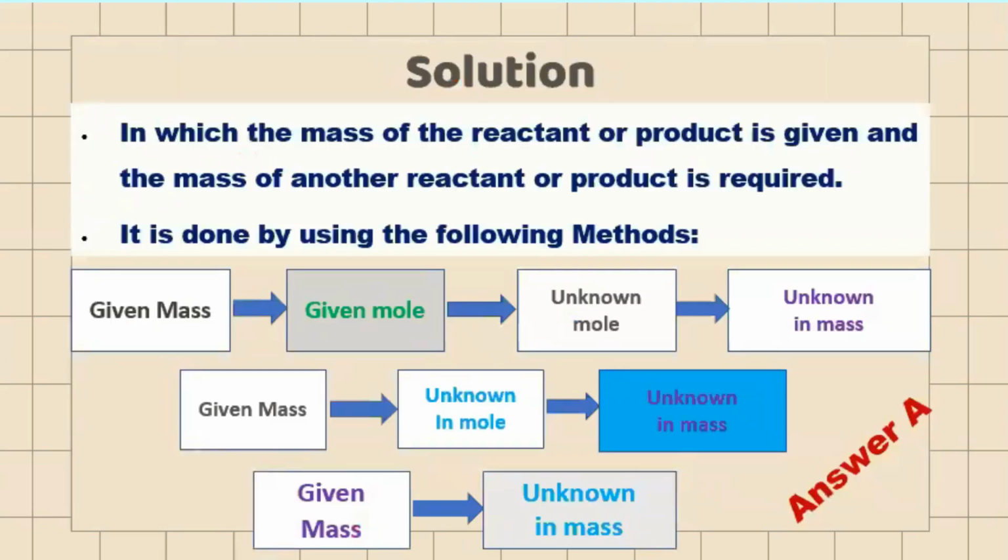In a mass problem, the mass of the reactant or product is given and the mass of another reactant or product is required. It is done by using the following three methods. The first one: the given mass is converted into mole, the mole is used to find the unknown mole, and this unknown mole must be converted into mass.